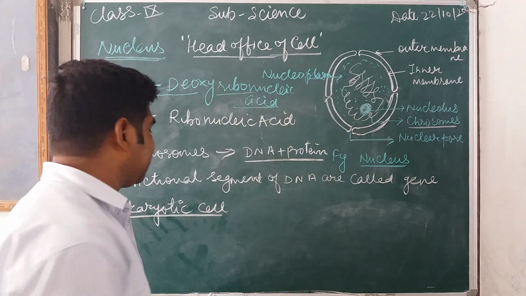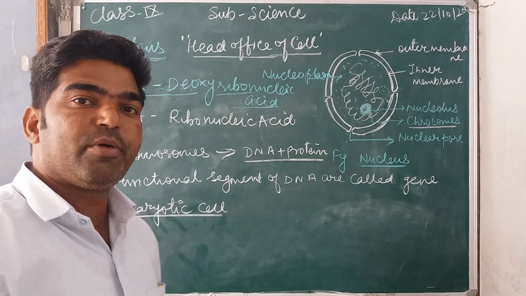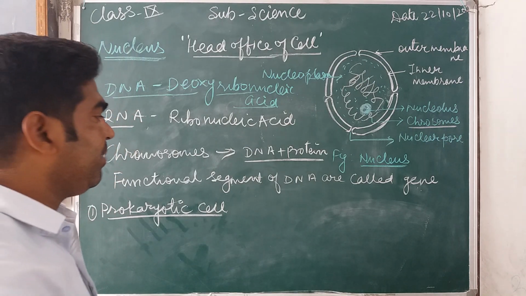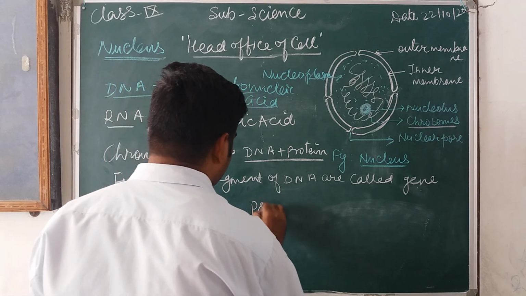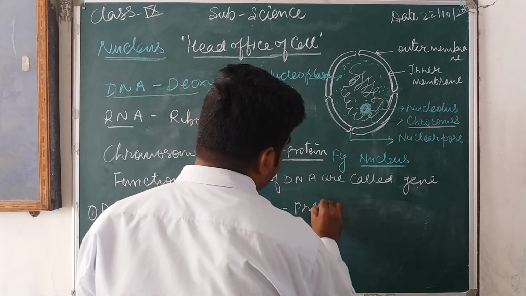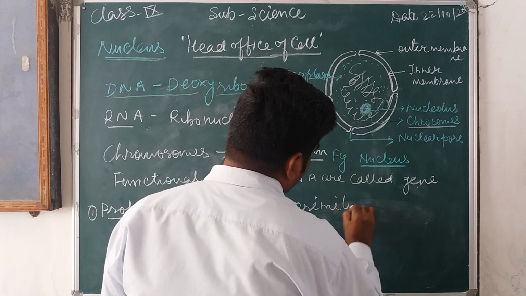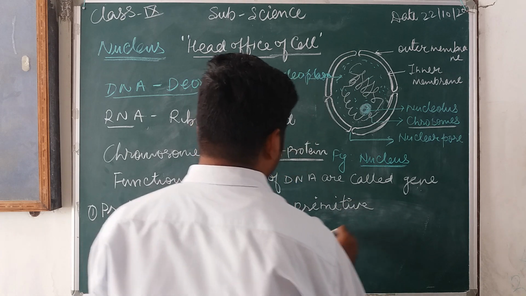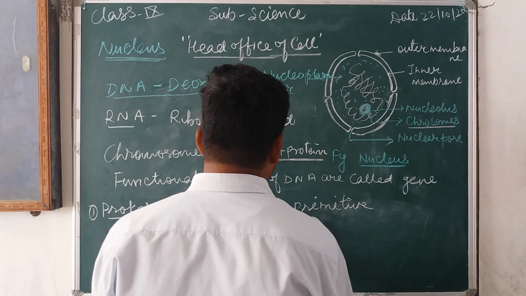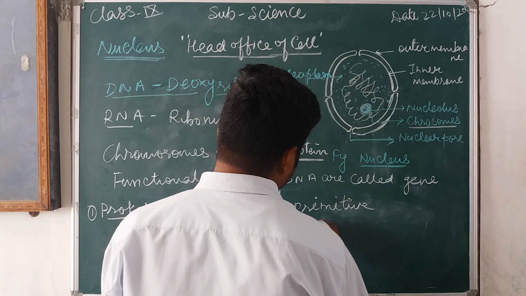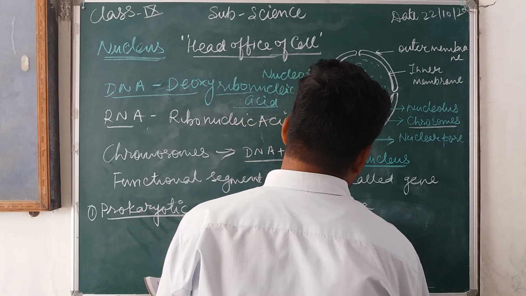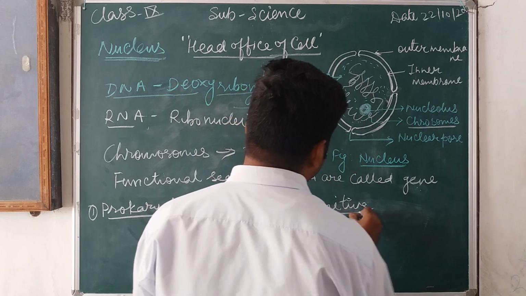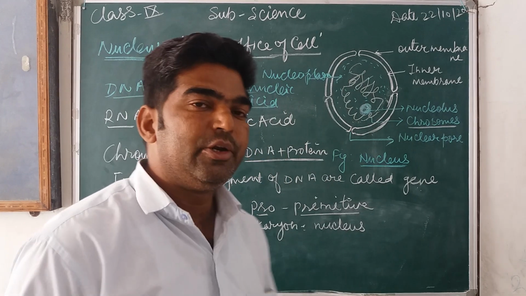Prokaryotic cell: this word prokaryotic is made up of two words. Pro means primitive and karyon means nucleus.